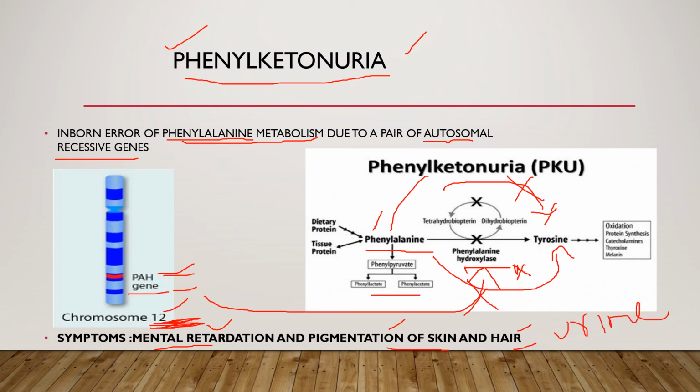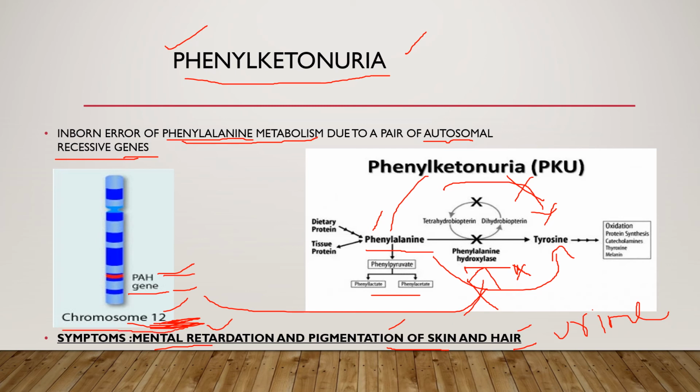And this is an autosomal recessive disorder because of the mutation of the gene located on chromosome number 12. Again, remember the numbers, children. The chromosome number is very important.